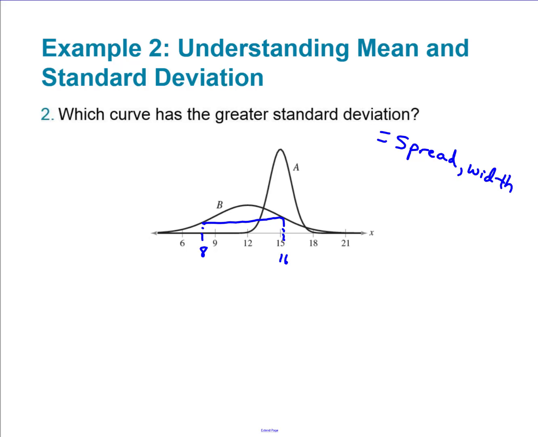Graph B's inflection points are maybe somewhere around 14 and 17. So we can clearly tell that if we're looking at the width of the two graphs, graph B is clearly wider than graph A. So graph B has the larger standard deviation. The wider the graph, the larger the standard deviation is.